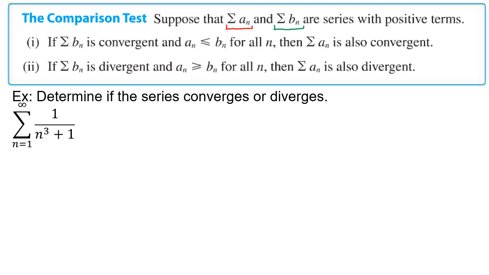If your series b sub n is convergent and b sub n is bigger than all the a sub n's, then your series for the a sub n also converges. Or the other way around, if your b sub n diverges and your a sub n is bigger than b sub n, then your a sub n also has to diverge. And some people mix these up, so you have to be really careful.